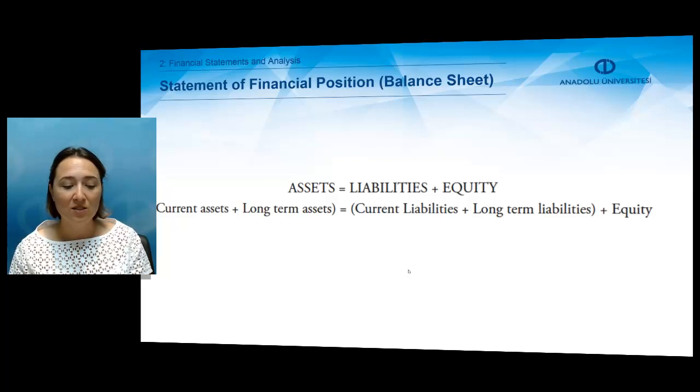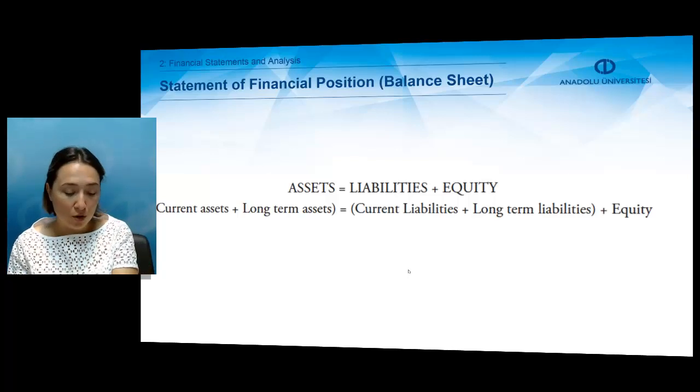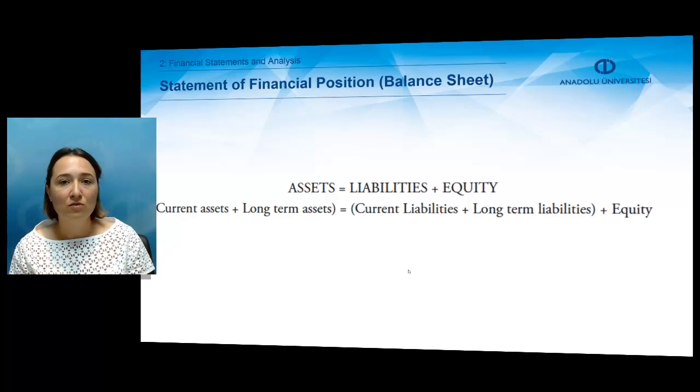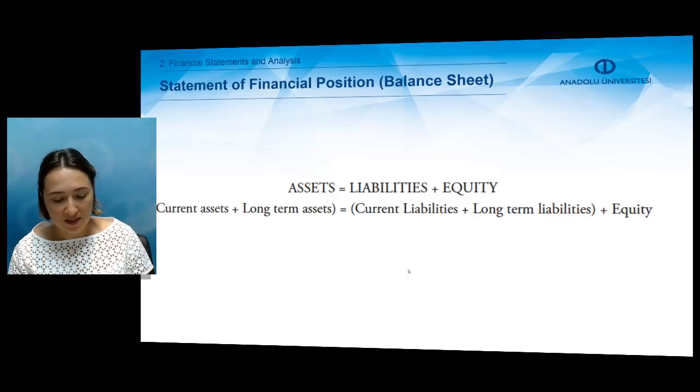We group assets into current assets and long-term assets. Current assets are assets that are expected to be converted into cash in a maximum of 1 year. Long-term assets, on the other hand, are the assets that an entity expects to use for longer than 1 year or its operating cycle.